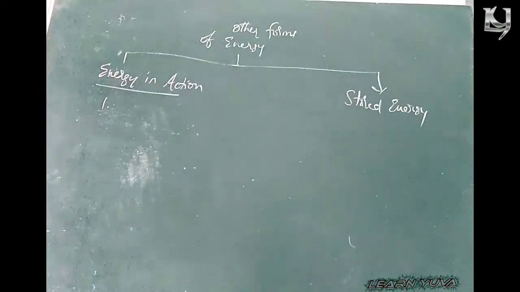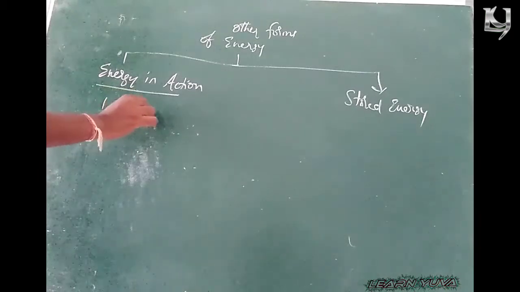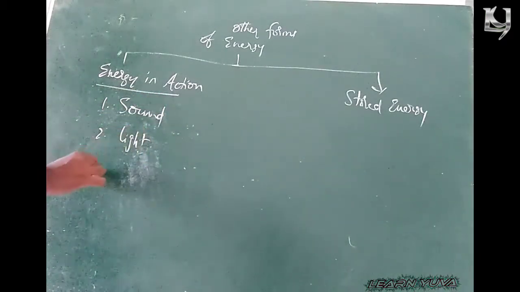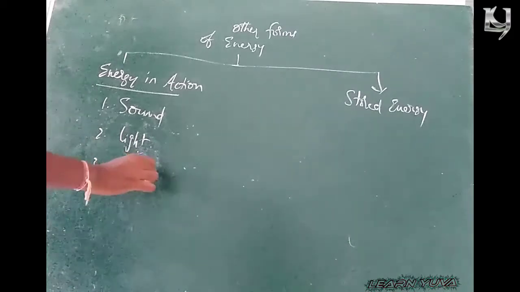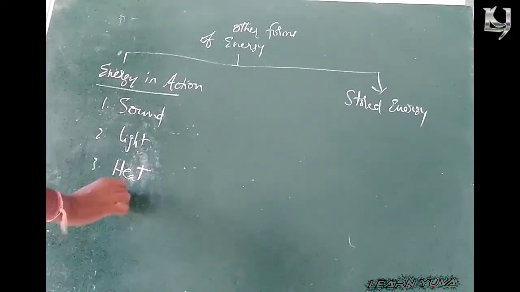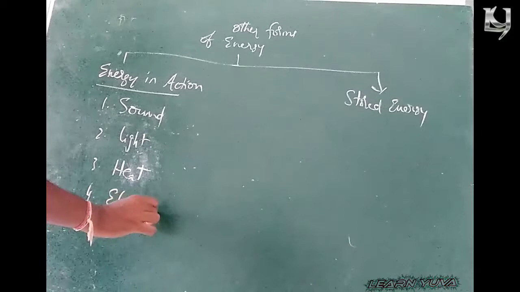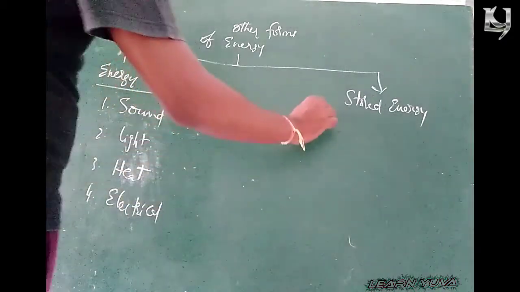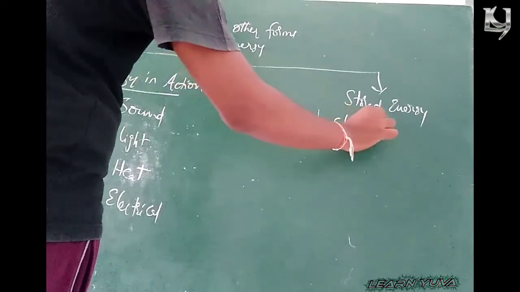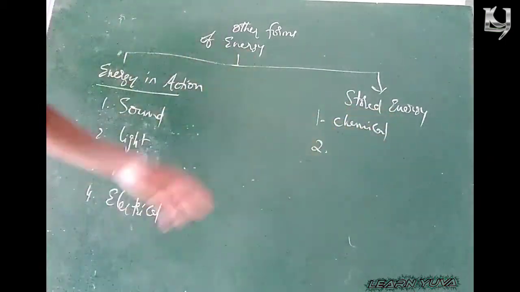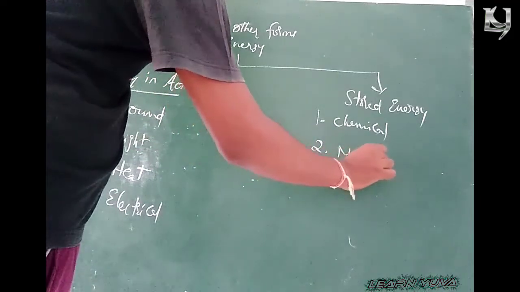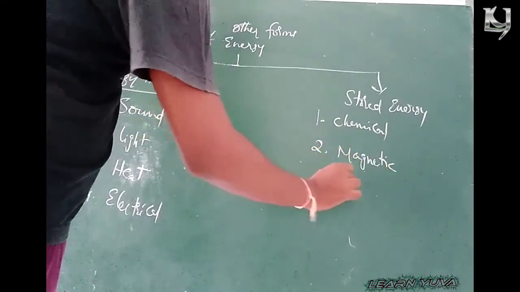Energy in action can be classified as sound energy, light energy, heat energy, electrical energy, chemical energy, magnetic energy, and nuclear energy.